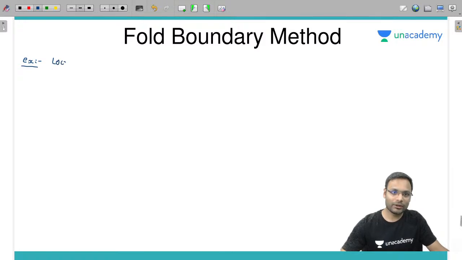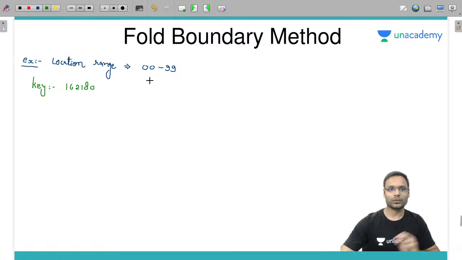Suppose you have a hash table with location range 00 to 99, same. And let's see, you have the key to store, this one.